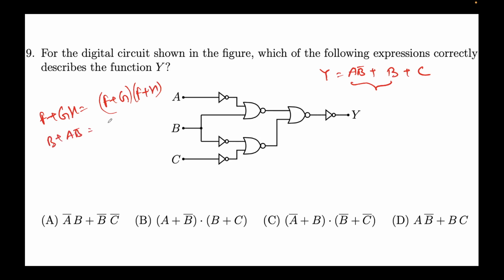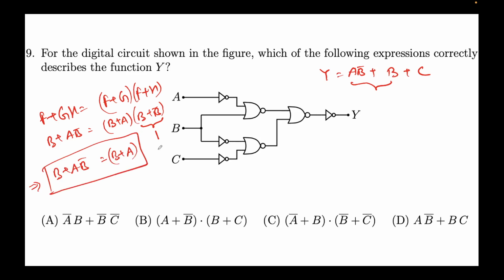So I can write it as B plus A times B plus B bar. B plus B bar we have already evaluated, this turns out to be 1, so this whole thing turns out to be B plus A. Let's put this value here, so it turns out to be B plus A plus C. All right, looks like we have oversimplified it.